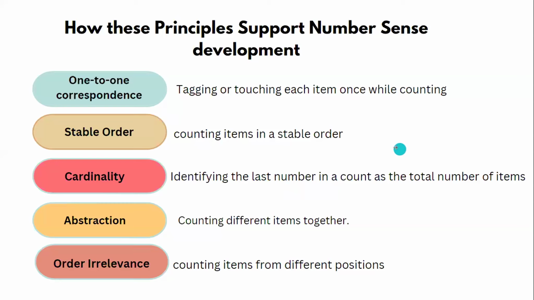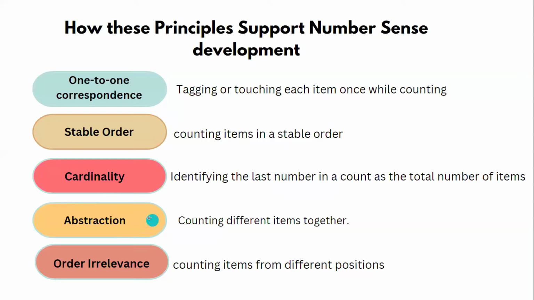You may not count 4, 3, 1, but it's 1, 2, 3, 4. And then we also have cardinality, whereby the last number they have counted equals the number of items. So if they have sweets and they count those sweets, the last number they mention is the total amount of those sweets.